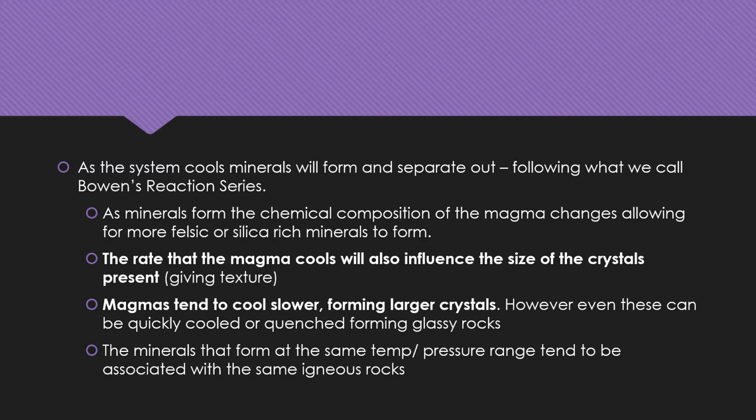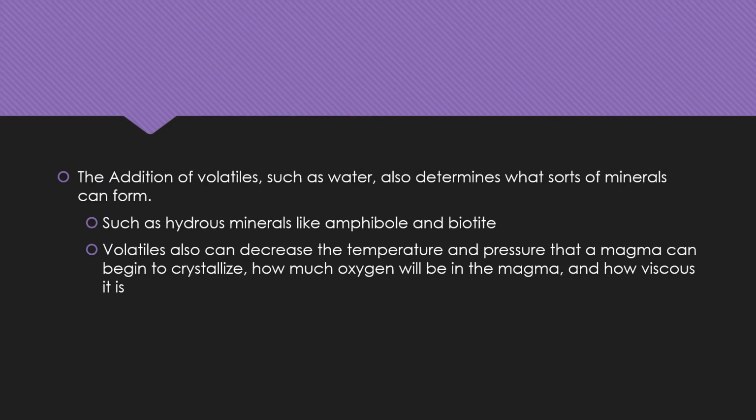Minerals that form at the same temperature or pressure range tend to be associated with the same igneous rocks. In addition to volatiles like water, this also determines what sort of minerals can form. So with water involvement, you can get minerals that need water, like amphibole and biotite. Volatiles can also decrease the temperature of the magma and the pressure at which a magma can begin to crystallize.